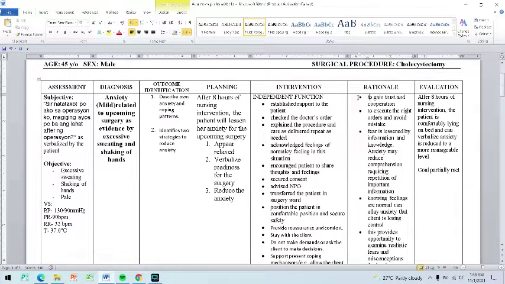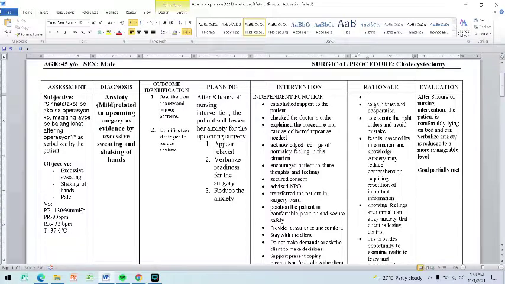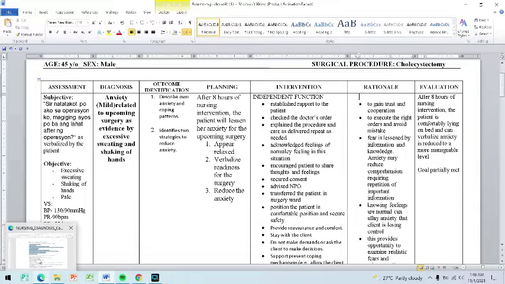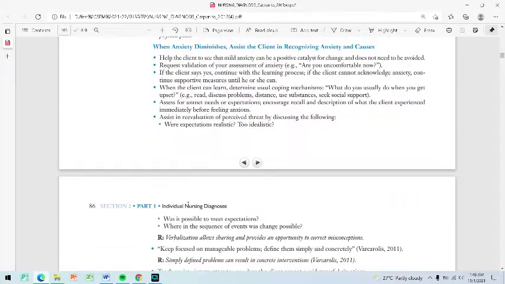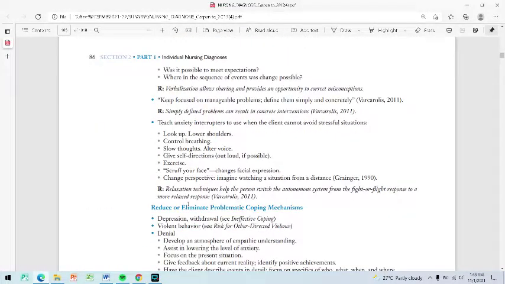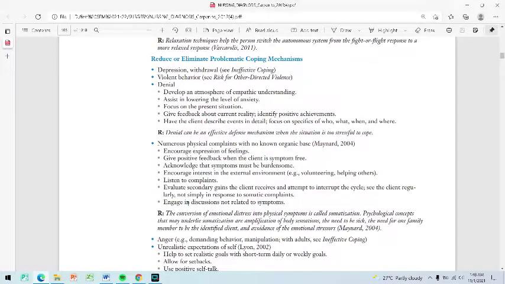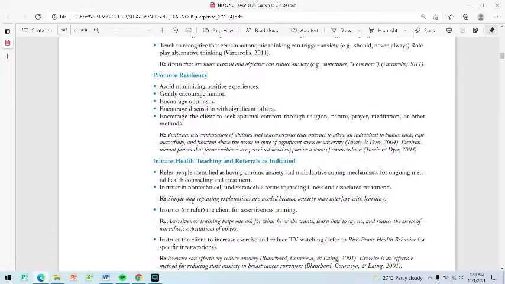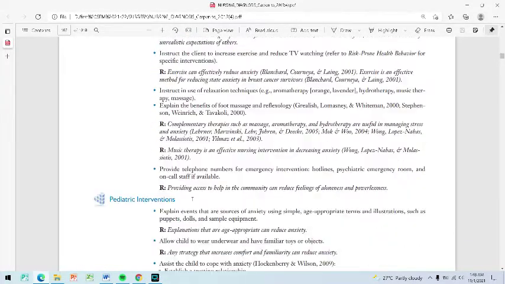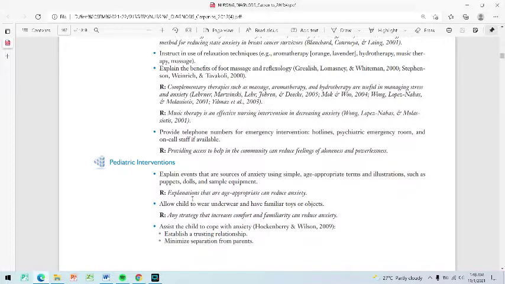So as you can see, the rationale for establishing rapport is to gain the trust of your client. In NANDA, you will also see and identify the dependent and independent nursing functions.